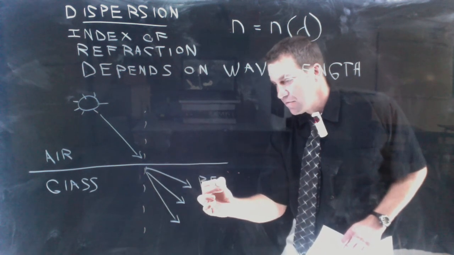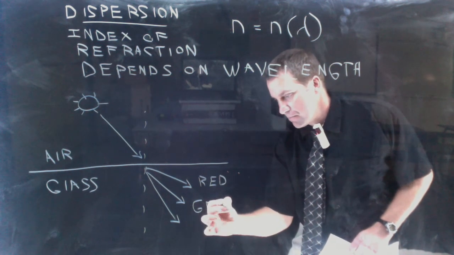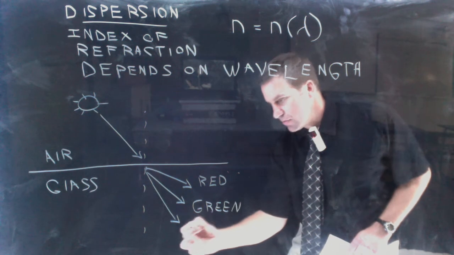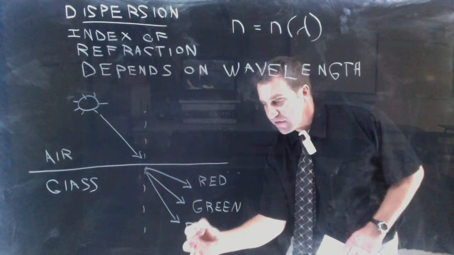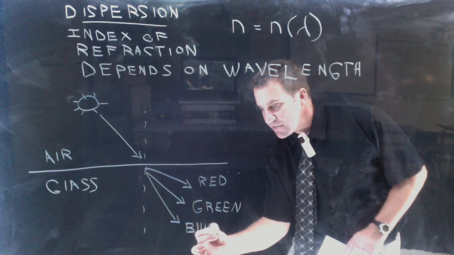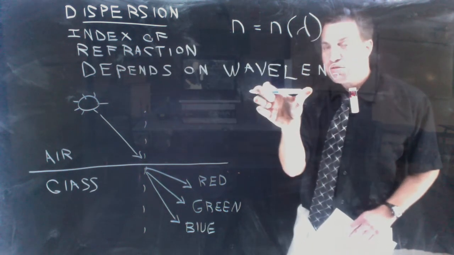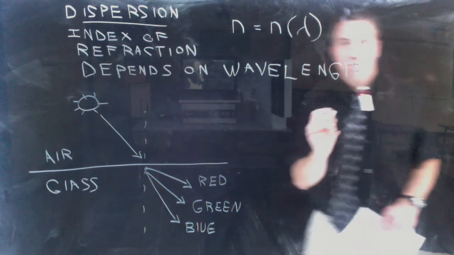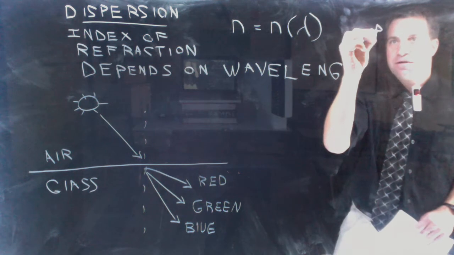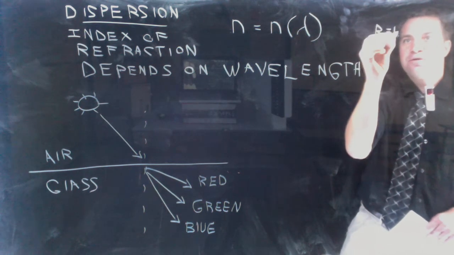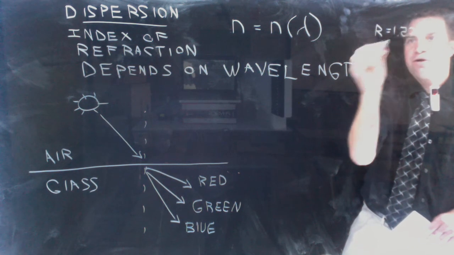Red, green, and blue. And this is because the index of refraction of glass depends on the wavelength. For red, for this particular glass that we're talking about, it's 1.520.